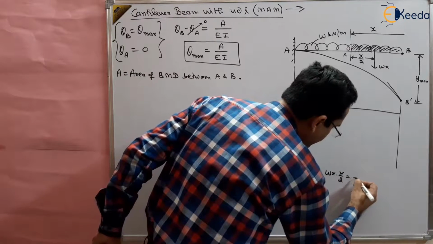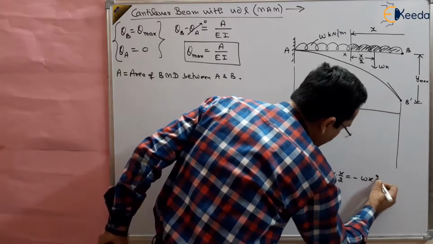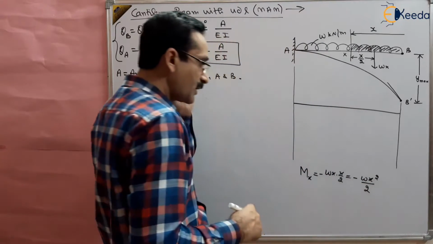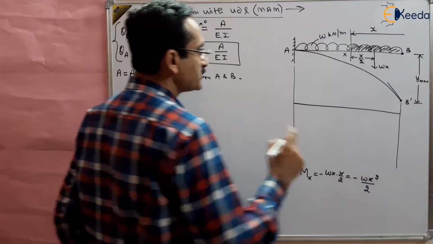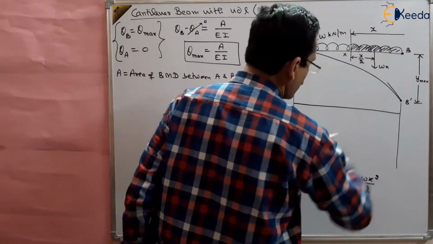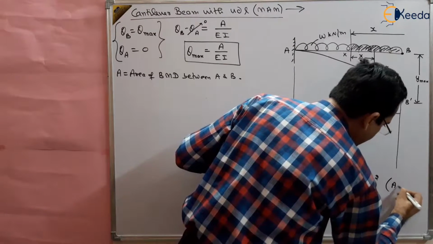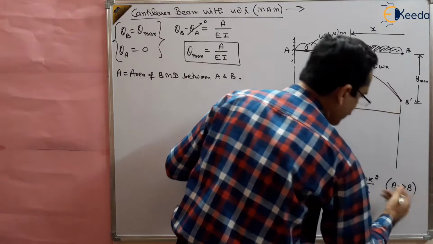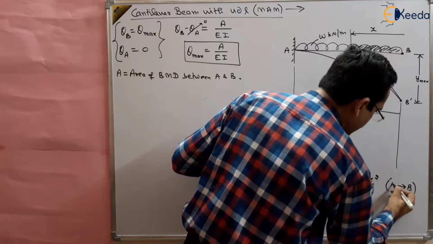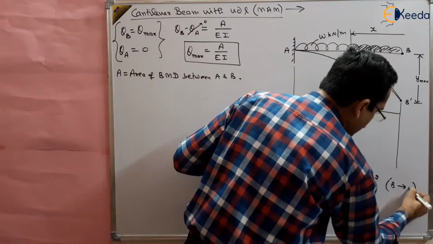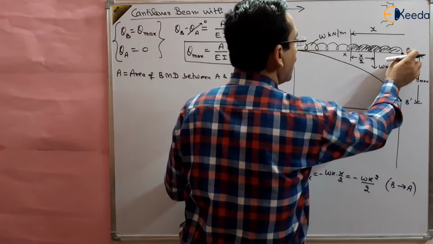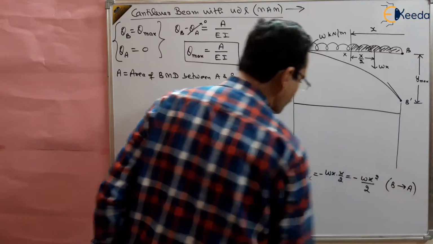So this will be minus Wx square by 2, right? And it is valid for the entire length between A and B, from B to A, because we are taking x from point B.